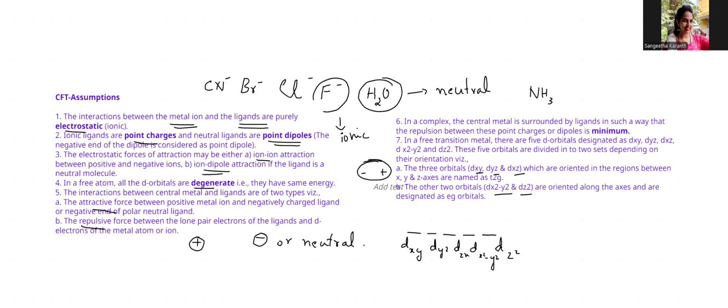Now we should consider the fact that the ligands will surround the central metal atom or the central metal ion so that the repulsion between these particular point charges will be minimum, because we know that the lower the energy, the higher the stability, right? So always we should see that stability should be more, so of course the energy should be minimum, so the repulsive forces should be minimum.